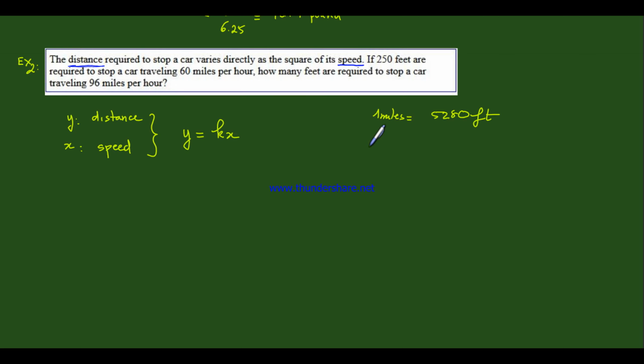So we're going to set up the ratio. One mile over 5280 feet is the conversion unit factor.